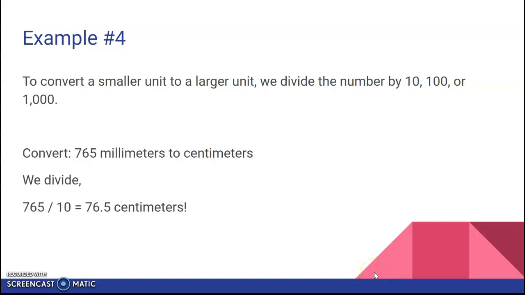Like in the previous problem, we are dividing the number. So we are converting 765 millimeters to centimeters. In this problem, we divide 765 by 10 and get 76.5 centimeters.